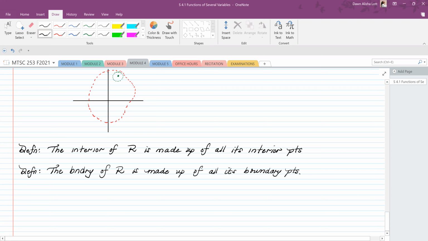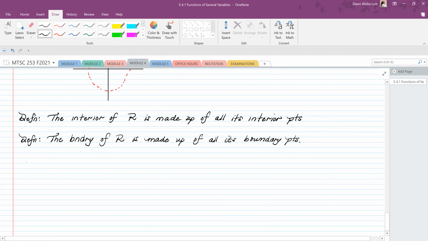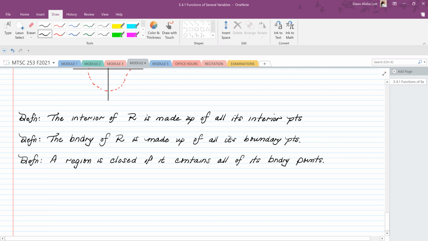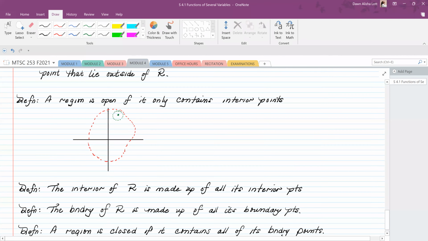And definition, a bunch of definitions. A region is closed if it contains all of its boundary points. Okay.